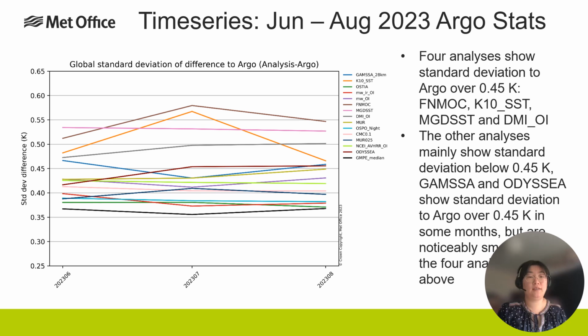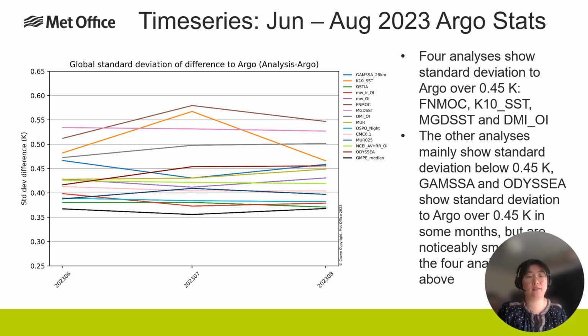The ODYSSEA goes slightly above, but it's very close to that line, so it's also a very reasonable result. The NCEI AVHRR OI is about 0.42 maybe. The two MER analyses this time go below 0.45, so it's the normal level where they should be.